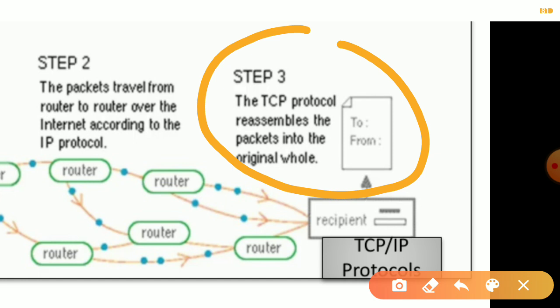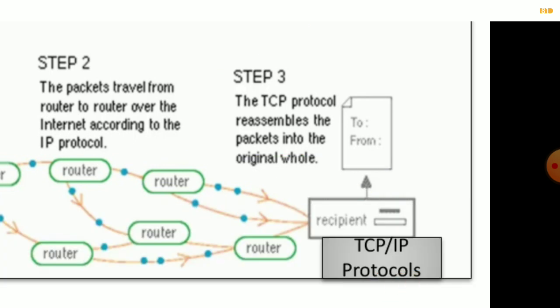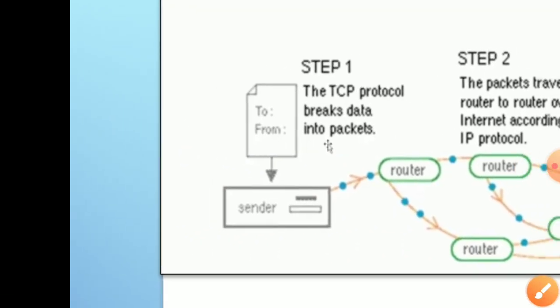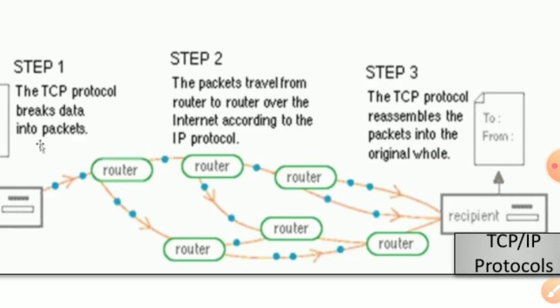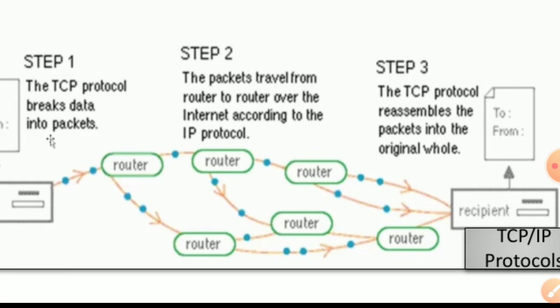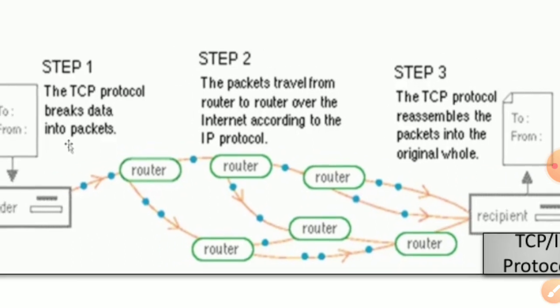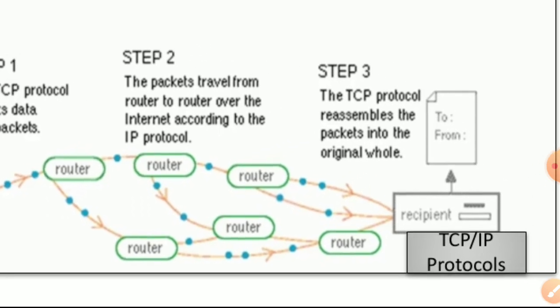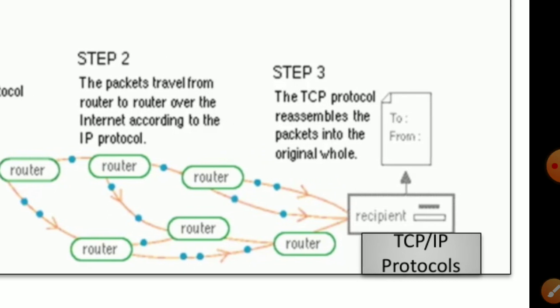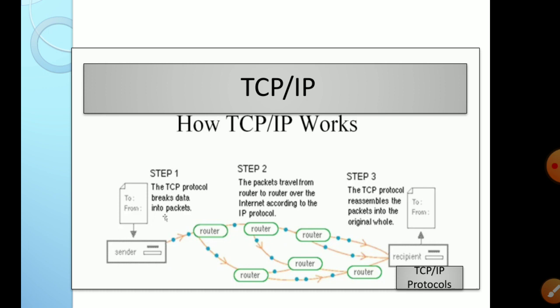So from the sender, with the help of TCP, the data travels from router to router over the internet according to the Internet Protocol, and finally the recipient collects the packets, reassembles all the packets and treats them as a complete message. So like this the TCP/IP protocols work.